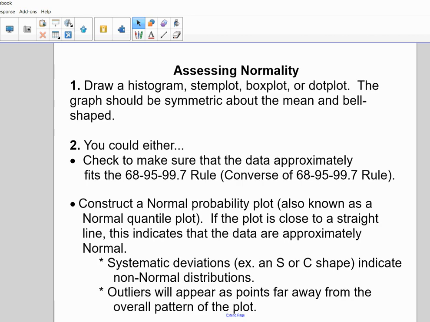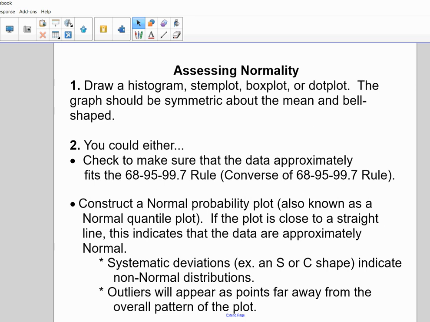All right, so now that we know what the normal probability plot looks like, let's talk about how we use this. So basically, you're given a set of data, and we ask you to determine, do you think that this distribution follows a normal distribution, yes or no, okay?